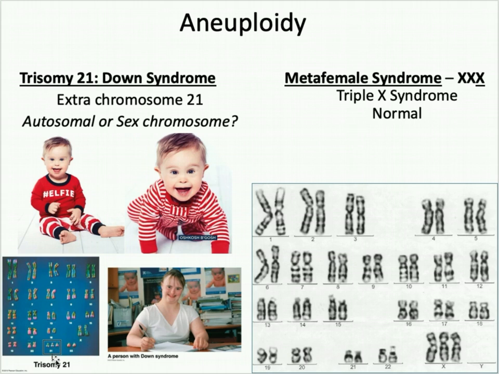So if you have trisomy, which is 3 chromosomes, tri means 3, you have a total of 47 chromosomes. And then since it's on position 21, it's an autosomal chromosome.